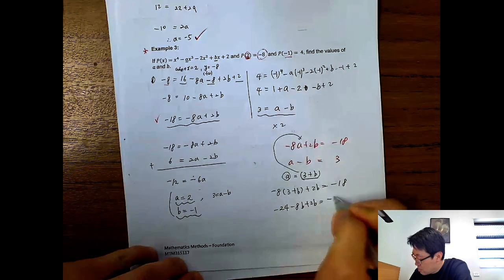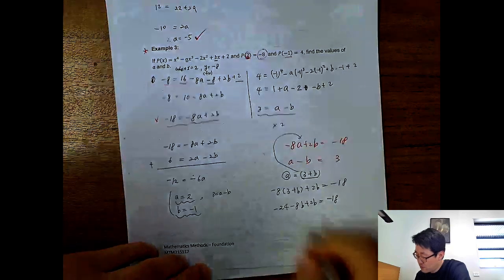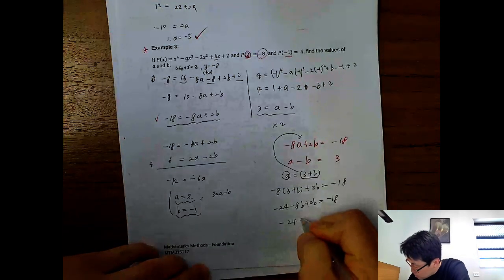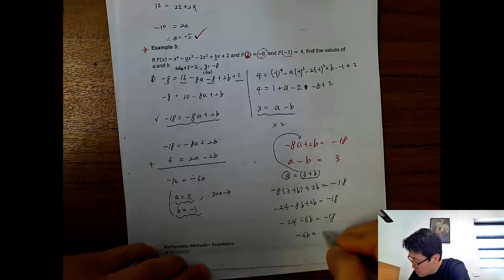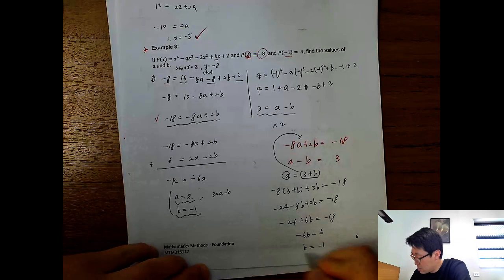I can expand it. 6b equals 6, b equals minus 1.